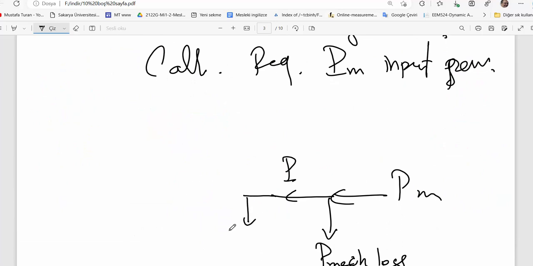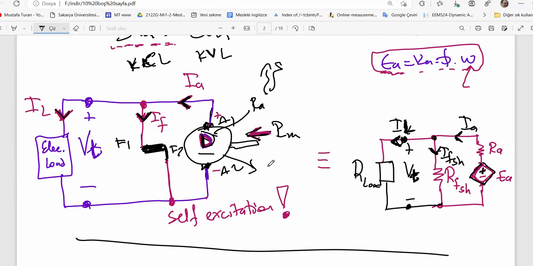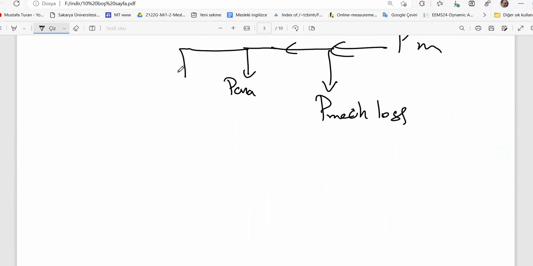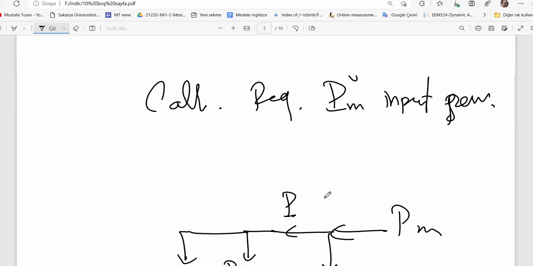Here would be some copper losses in the armature, and here would be some copper losses in the shunt field coil. So here would be copper loss in the field coil.